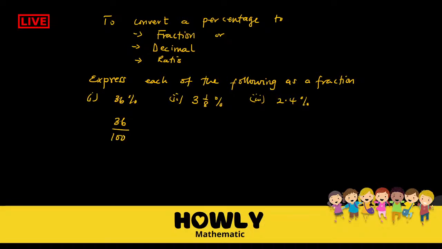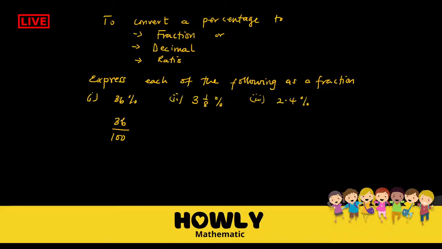Now, once we write 36 over 100, this cannot be our final answer. Our final answer is meant to be in the simplest form. So we would have to break this down.